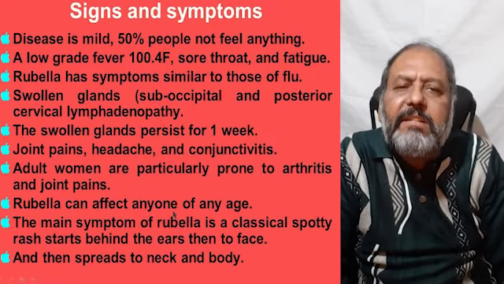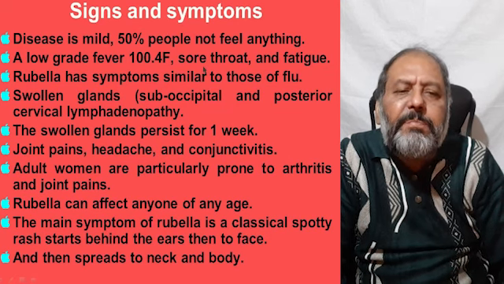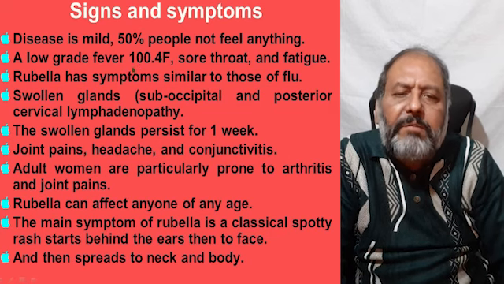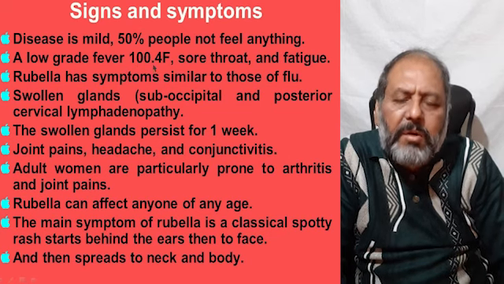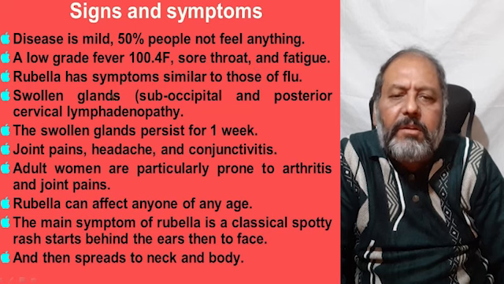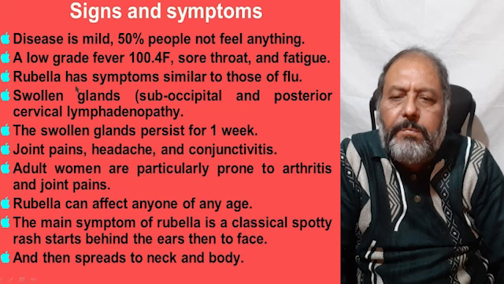Now, the signs and symptoms of rubella disease are mild. 50% of people do not feel anything. There is a low-grade fever, about 100.4 degrees Fahrenheit, sore throat and fatigue. Rubella has symptoms similar to those of ordinary flu.